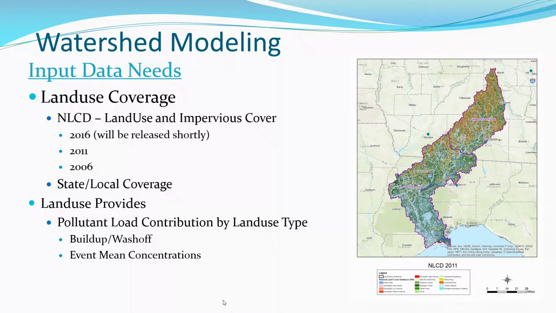But what we get in the watershed model is for each one of these land use types we can control or define the pollutant load contribution by a particular land use type. In the watershed models it's done through several different mechanisms.